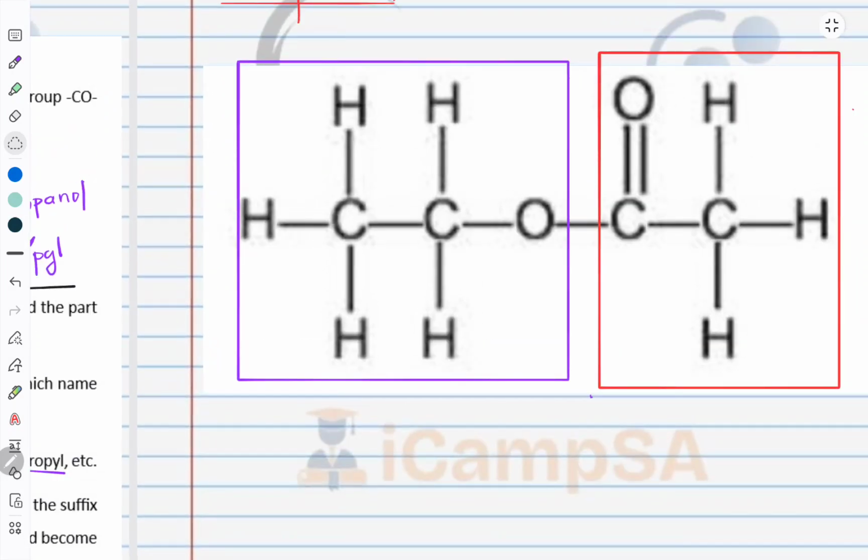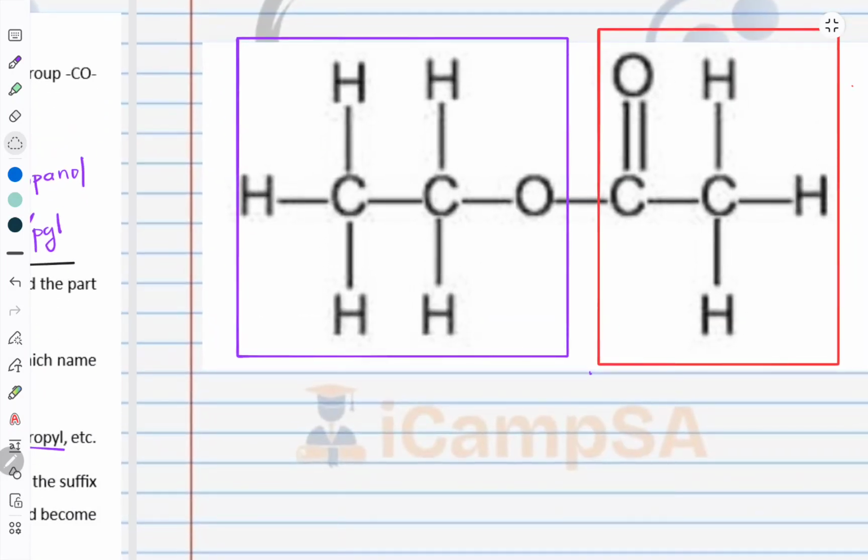Now we have the alcohol part. So this would have been what? Check, 1, 2, right? So that would have been ethanol.